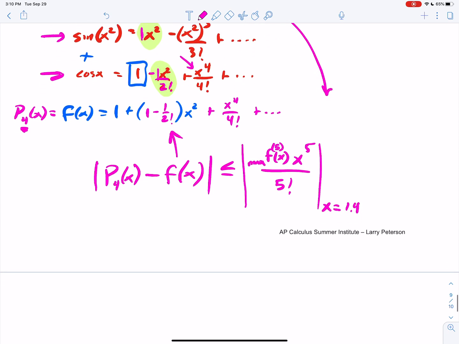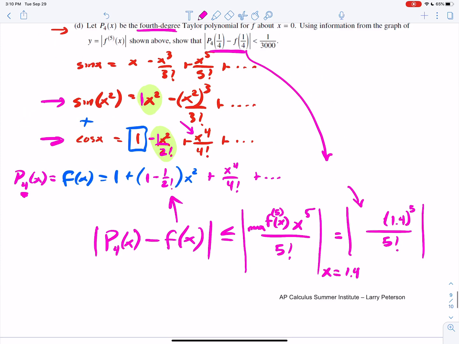I'll try to squeeze it over here, but I don't know if I have enough room. So it's going to be the maximum 5th derivative, I'm going to leave some space for that, times 1.4 to the 5th power over 5 factorial. Now right here, we need to figure out what the maximum is for our 5th derivative.